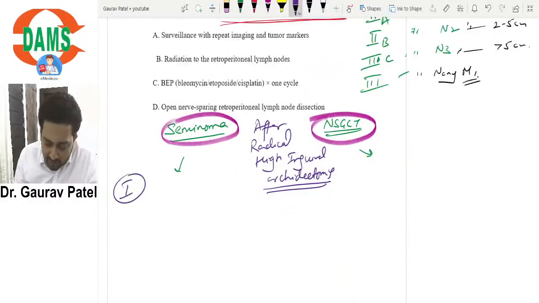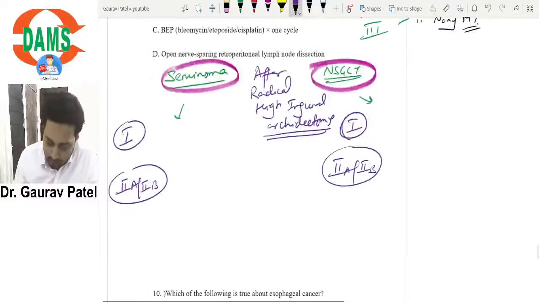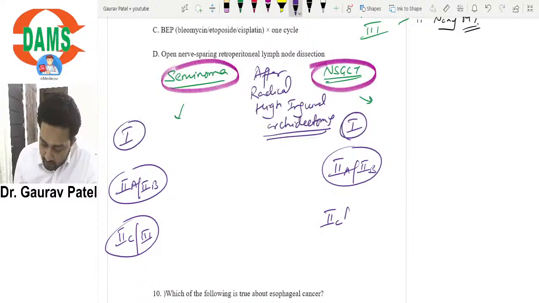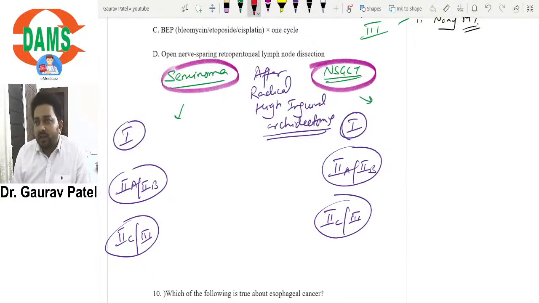Treatment of seminoma and non-seminomatous germ cell tumor, stage 1, 2A, 2B, 2C and 3. So in this treatment, the main thing is the testis you have removed. Now you have to discuss what you are going to do to the lymph nodes. This staging is TNM staging, humble doctor. This is TNM staging.